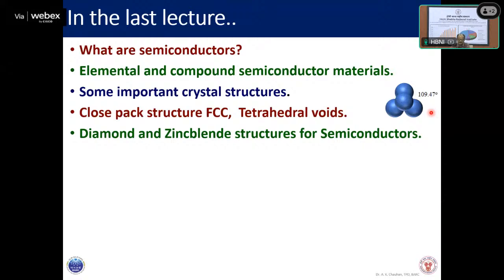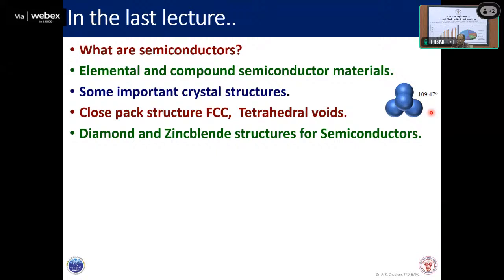from our basic chemistry. Then we learned diamond and zinc blende structures for semiconductors. Diamond and zinc blende structures have one difference: there are two interpenetrating FCC structures in both of them. However, in the diamond structure, both these lattices consist of the same atom, like silicon and carbon.